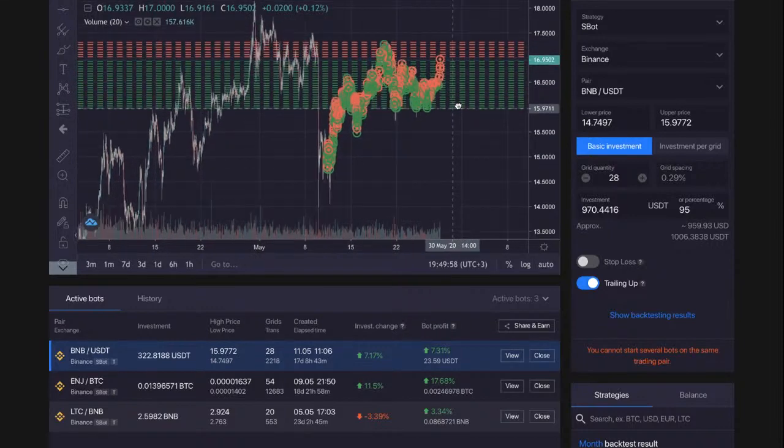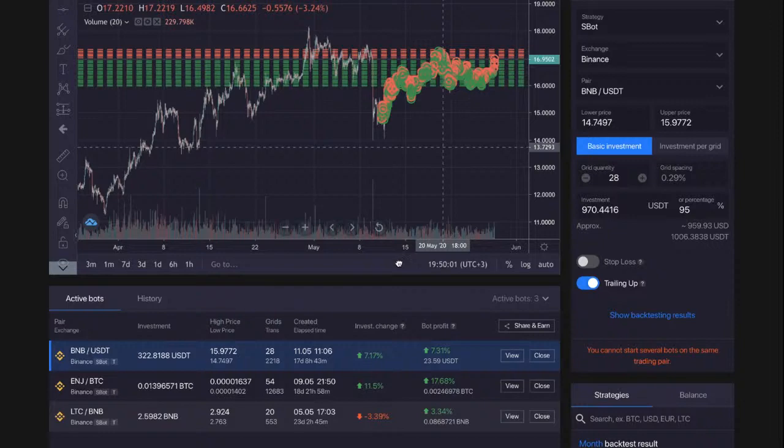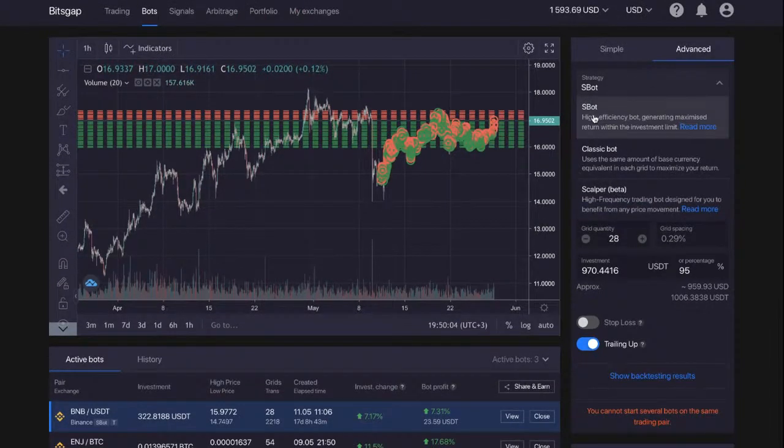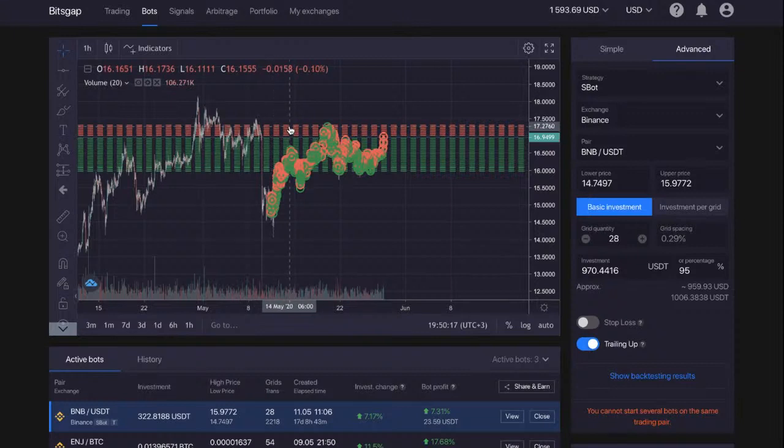So once again, optimal market scenarios for all of the bots that we have here. It's the S bot, which provides high efficiency and generates maximized return within the investment limit. For the classic bot and for the scalper, optimal scenarios are the sideways market and the upside market.